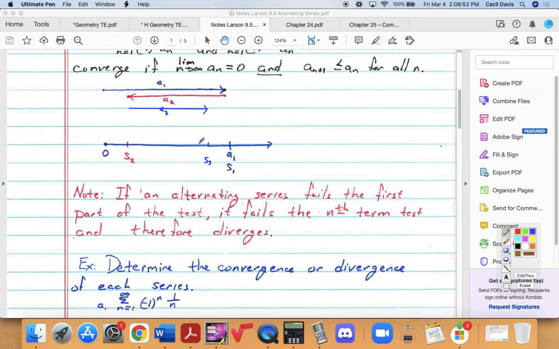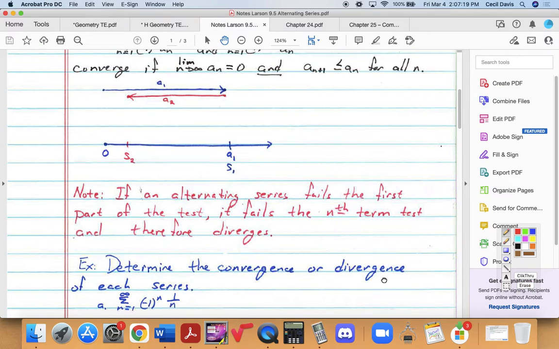So we know that that's as far off as we could possibly be. Let's say every term after that was 0. Well, this would be how far off we were. We can't be any further away from the true answer than the next term that we haven't added in yet. Okay, does that make sense? The wording is a little bit awkward on that.